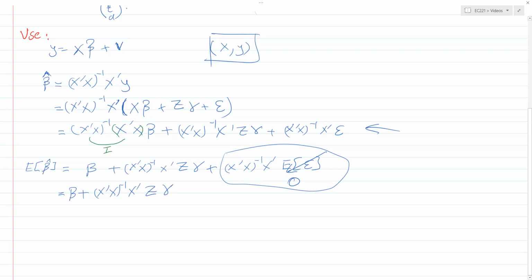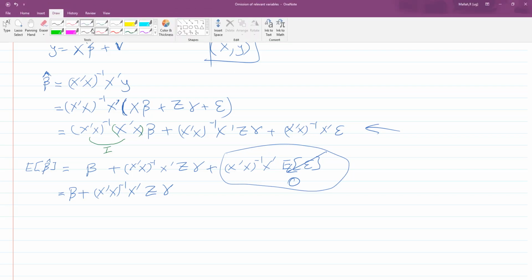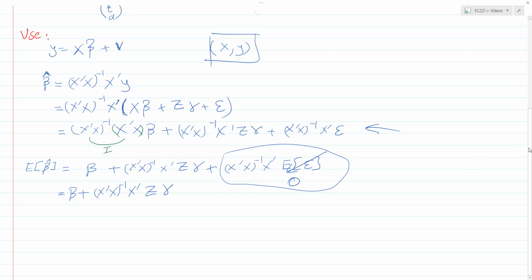Now let's think what this bias means. What is it trying to tell us? Let's take the first part. This looks familiar, like this, except y is substituted by z. So this term is the OLS estimator for a parameter in here.